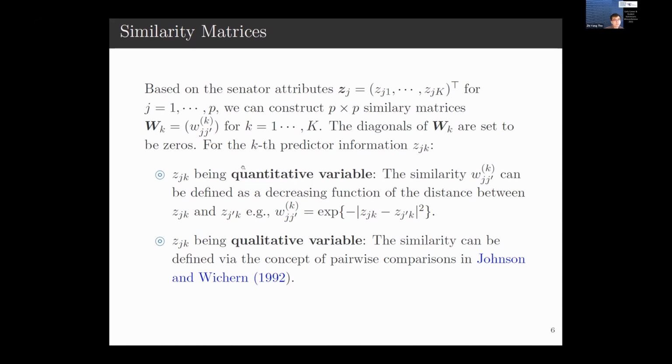Depending on whether the attribute is a quantitative variable, the similarity can just be defined as a decreasing function of the distance between the quantitative attributes of the 2 senators, for example. If it is a qualitative variable, then the similarity matrix can just be constructed using a pairwise comparison, right?